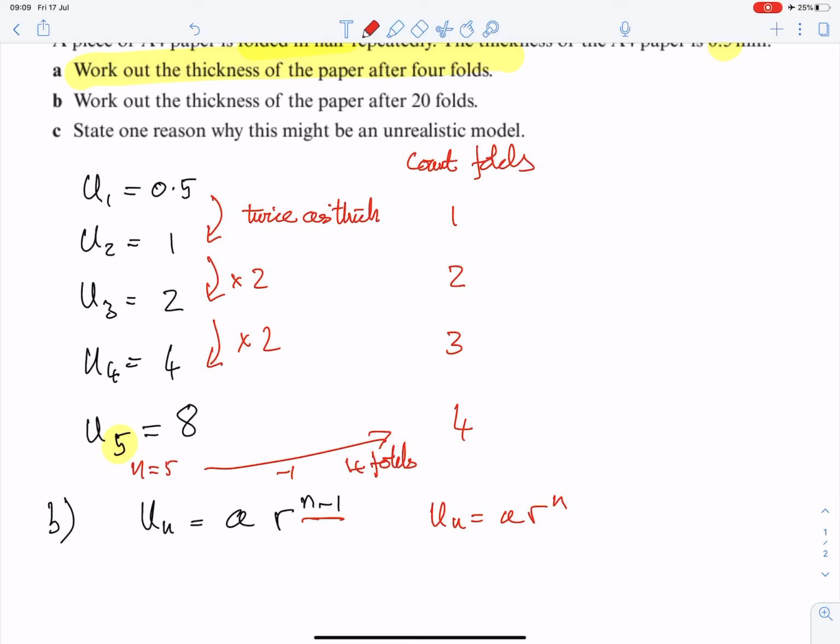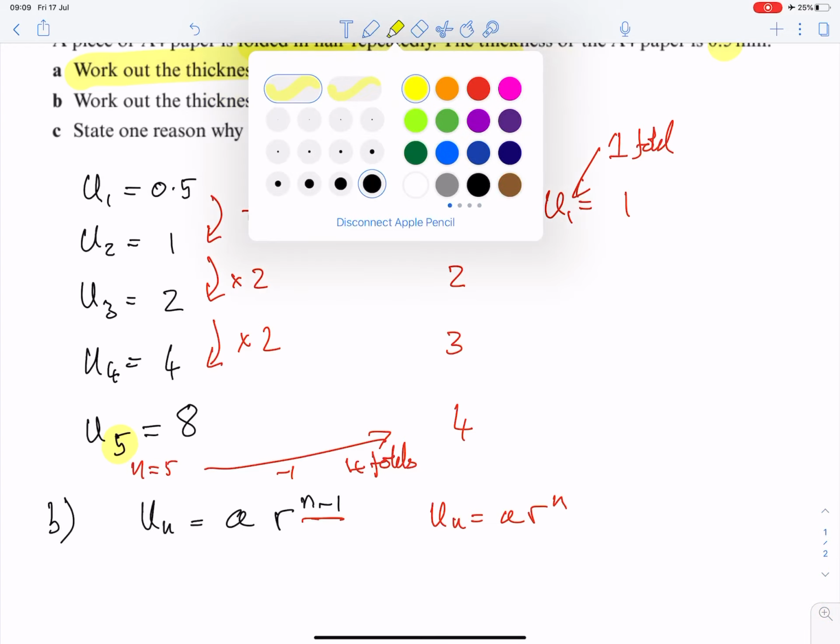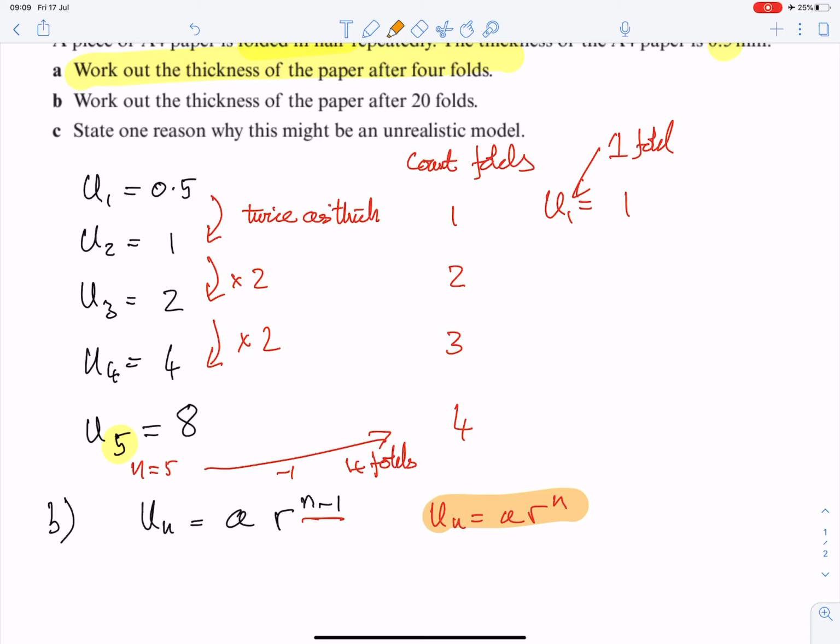So if I'd used the folds as my term, so if I'd had U1 equals 1, because I've done 1 fold, my equation would be Un equals a r to the n.